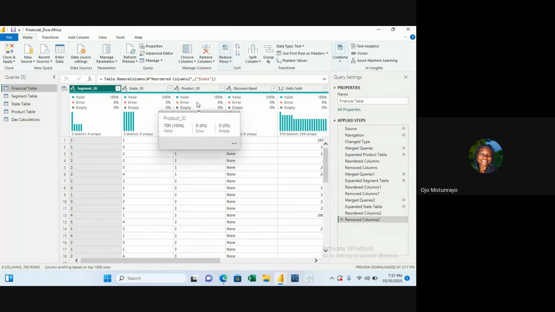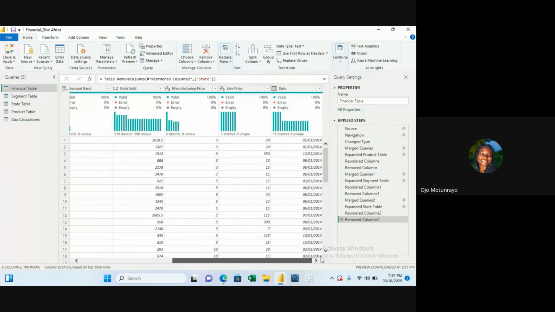So let's go back to our transform data and add column. I said to get the revenue, that's sales price times units sold.